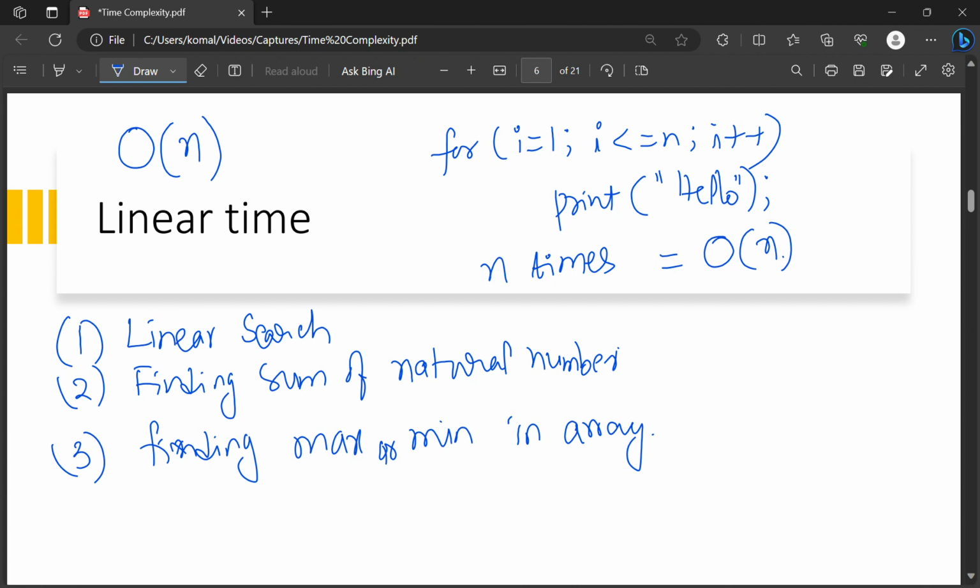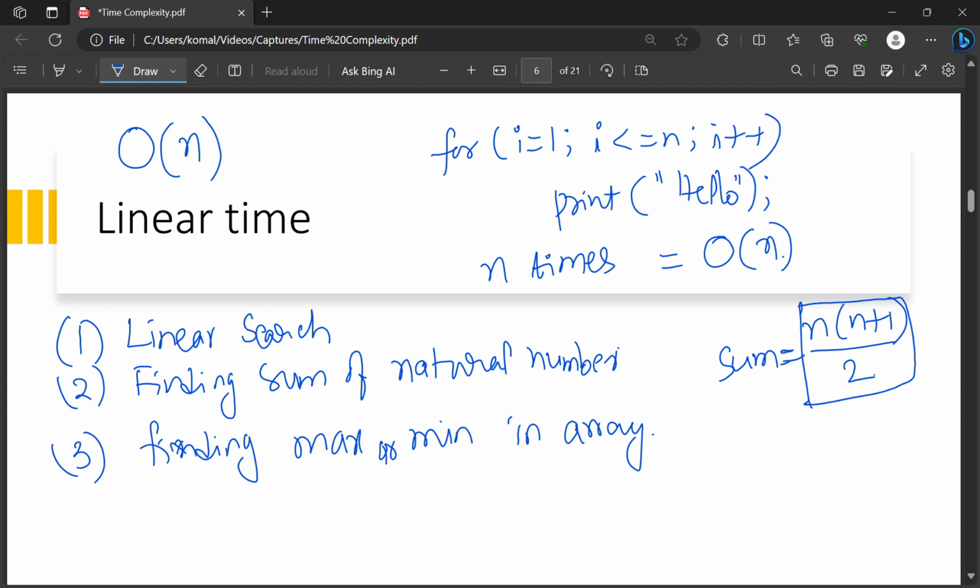These are all good examples for linear time complexity. Finding the sum of natural numbers you can do with the help of a for statement. There is also one direct formula available, which is sum equal to n into n plus 1 by 2. So using this formula, we can find the sum of n natural numbers.